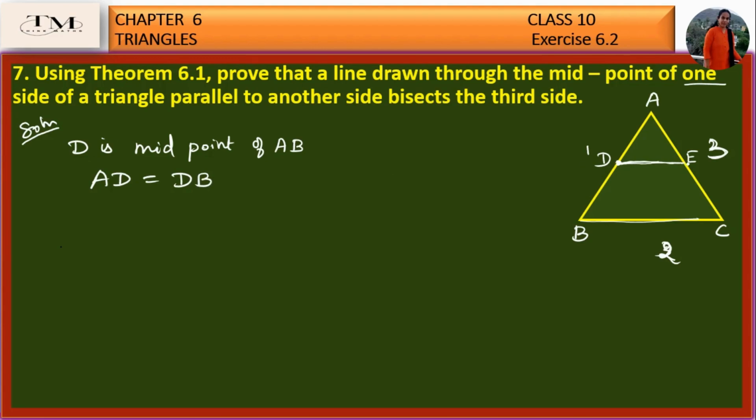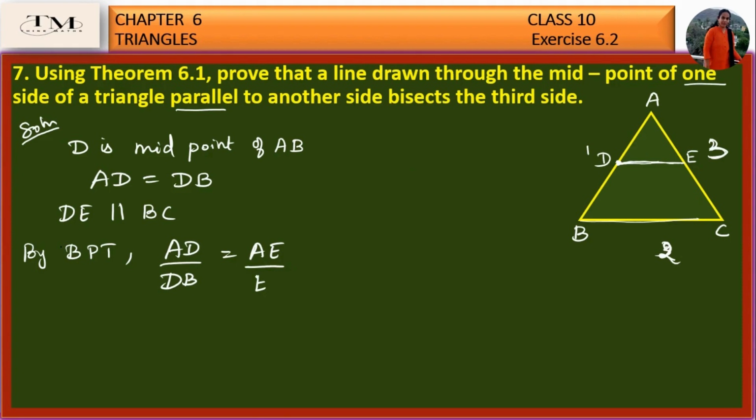Also DE is parallel to another side, which is BC. So if this is so, by basic proportionality theorem, what do we have? AD by DB is equal to AE by EC.